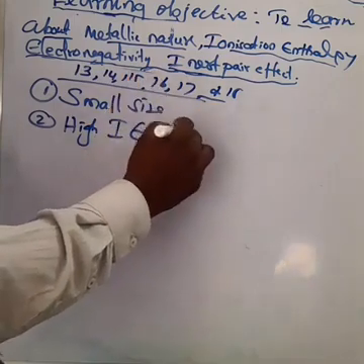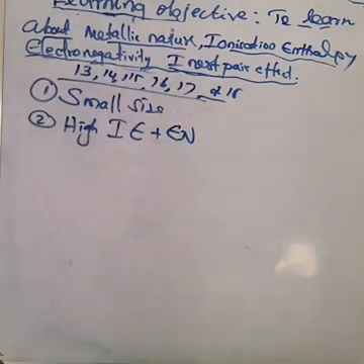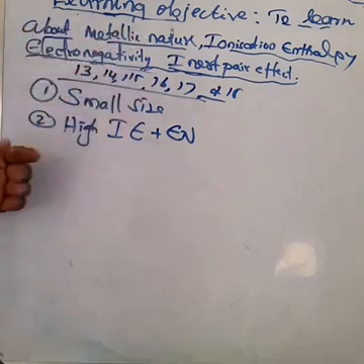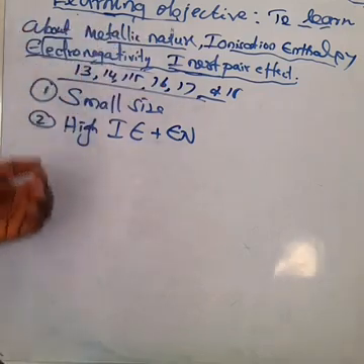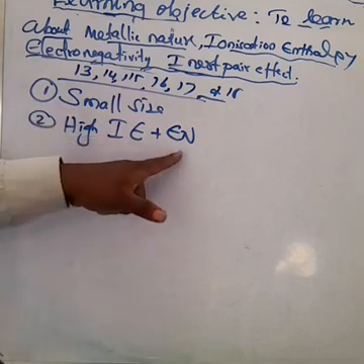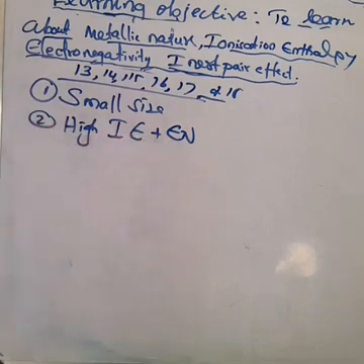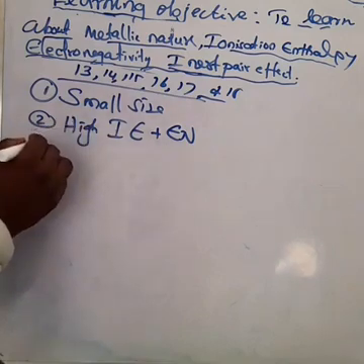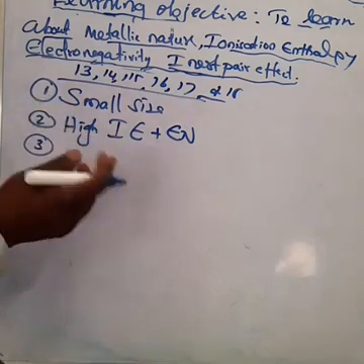So the first point is small size, because they occupy the first position. The first member of this element has a small size. Second, they have high ionization enthalpy and high electronegativity. And third, they do not have d orbitals in the valence shell. They have only the p subshell.